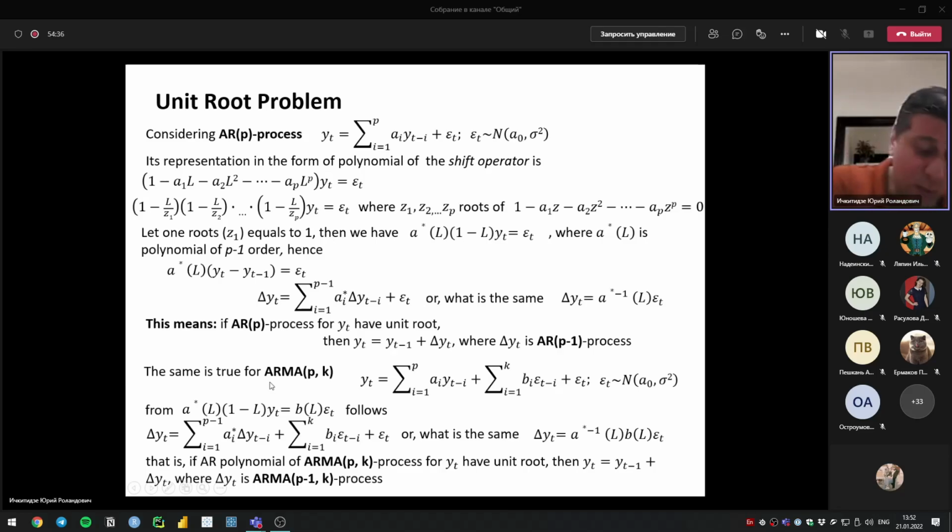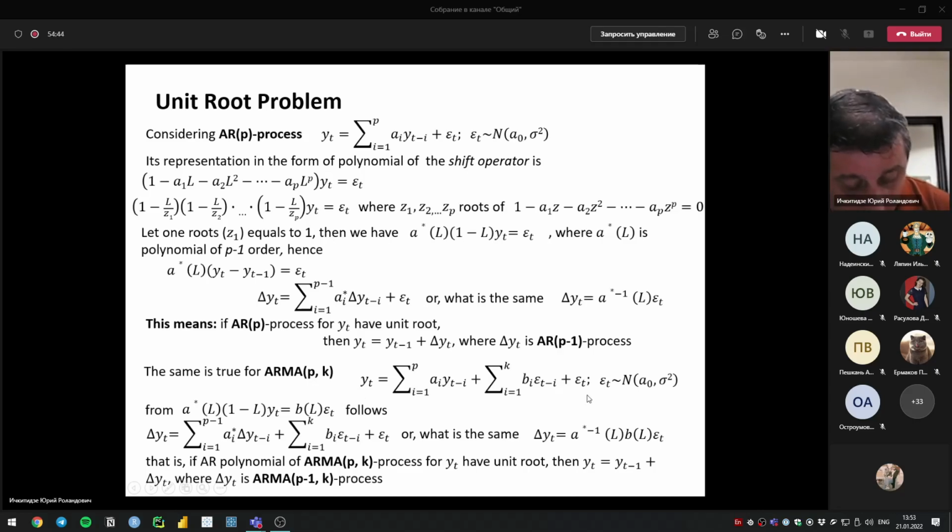A similar theoretical conclusion is valid for the ARMA(p,q) process. We have an ARMA(p,q) process. These are autoregression coefficients. These are moving average coefficients.